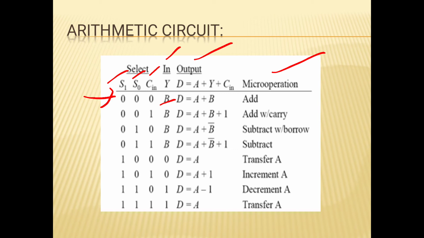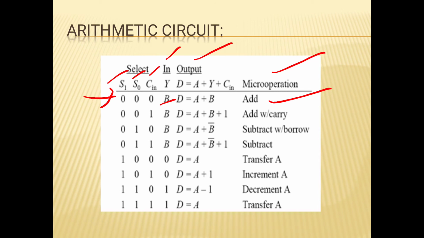Okay. Now, the D output that is produced by the full adder is A plus Y plus Cin. Means when the value of S1, S0 and Cin is 0, then it will perform the add operation.